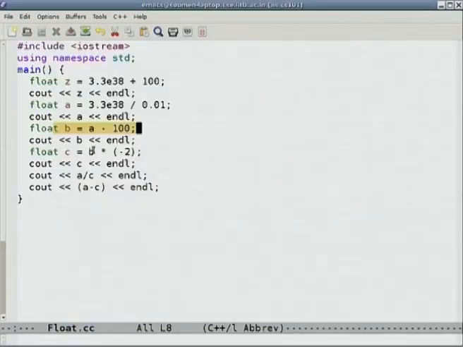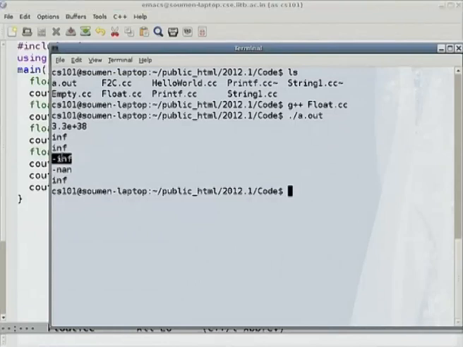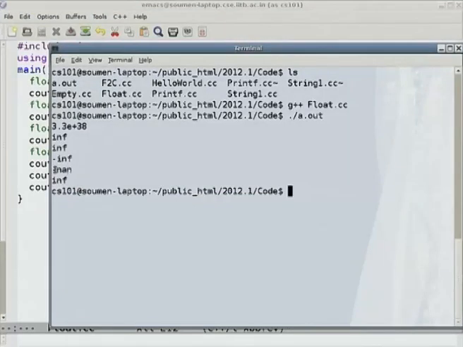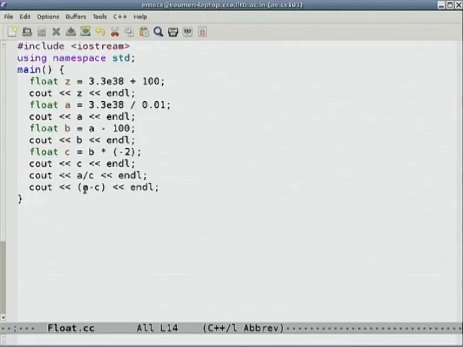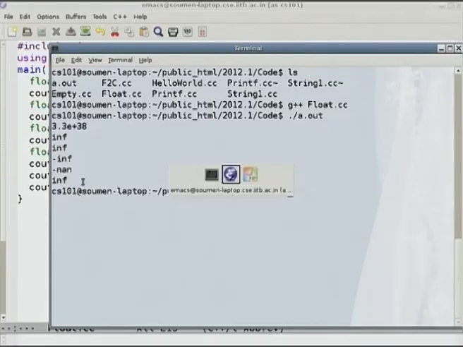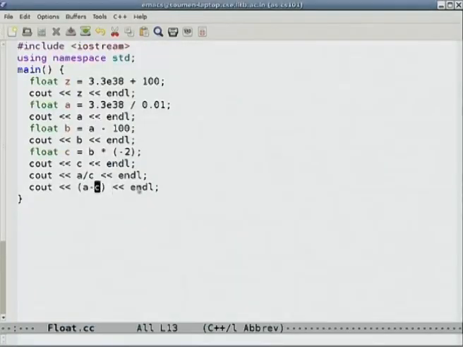In the fourth case, I multiply infinity by minus 2 and I get minus infinity. Then I divide infinity by minus infinity and I get nan with a minus sign, which you may not care about. And finally, I take infinity and subtract minus infinity and I still get infinity. That's because it's infinity minus minus infinity.